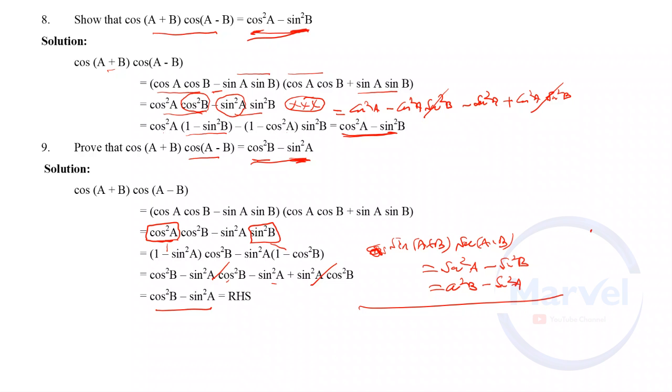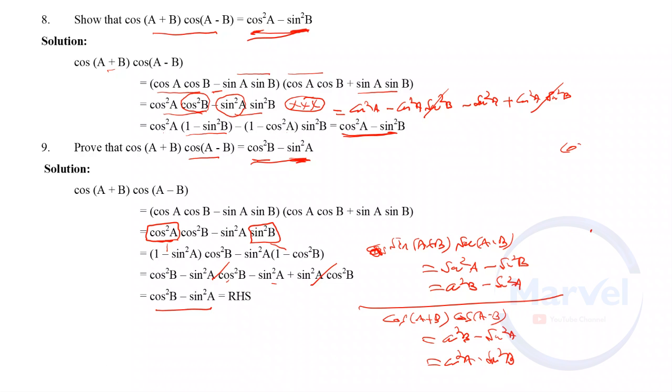Two formulas over. Now, how to recall cos(A+B) into cos(A−B)? This is cos²B minus sin²A, or cos²A minus sin²B. That's all. So initially we have 6 formulas. What are the 6 formulas?